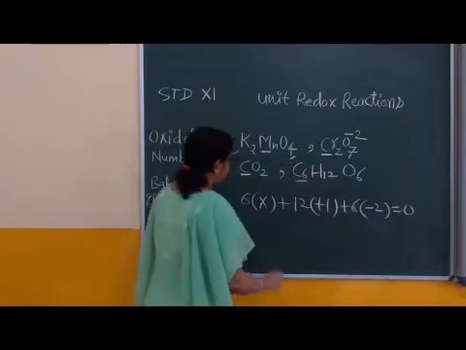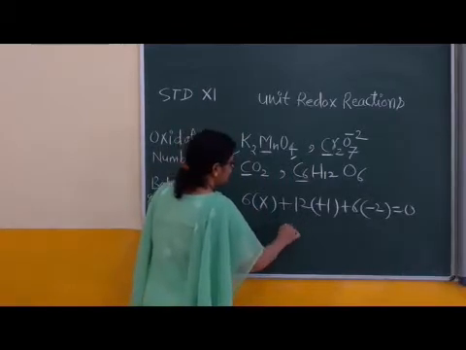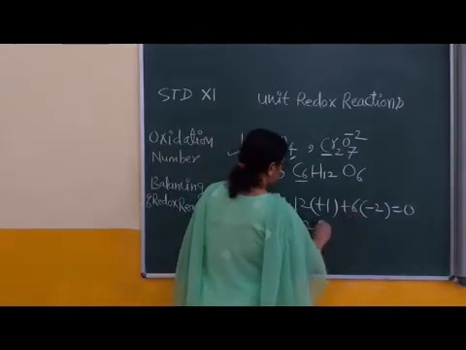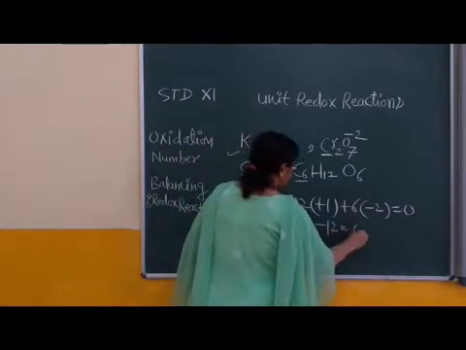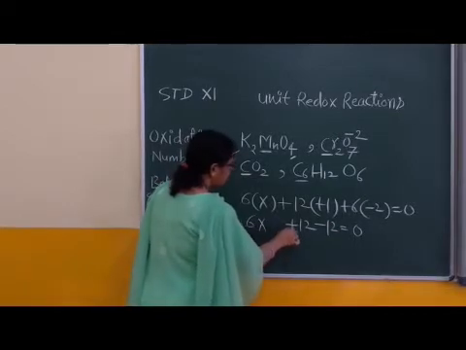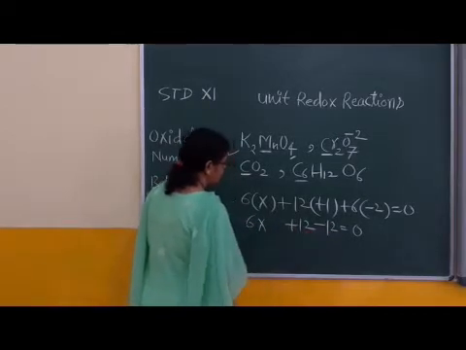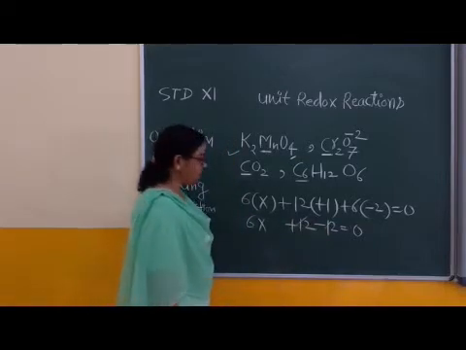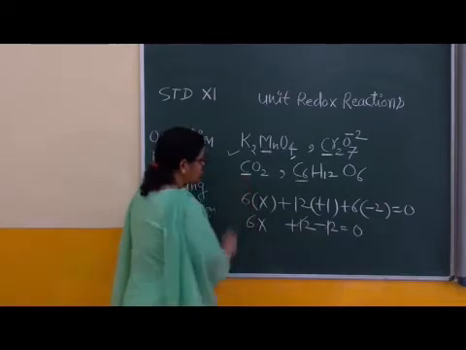Total positive charge is +12 and negative is -12, which is equal to 0. Oxidation number of carbon: 6X plus 12 minus 12 is equal to 0. Right? X is equal to 0 divided by 6, which is 0. The oxidation number of carbon is 0.